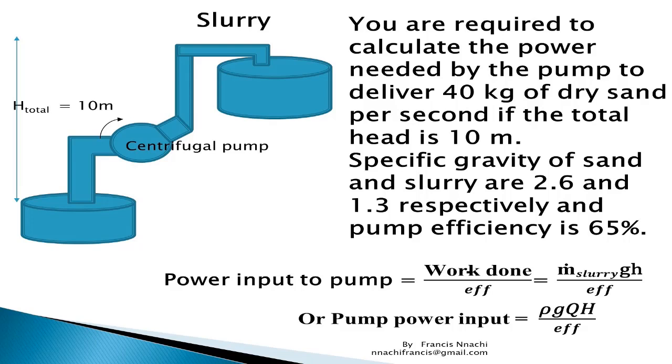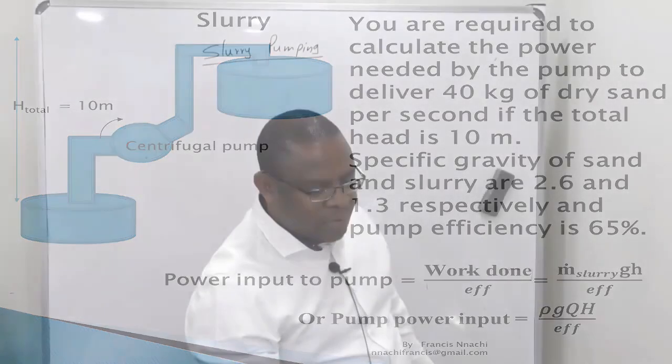It says that you are required to calculate the power needed by the pump to deliver 40 kilograms of dry sand per second. If the total head is 10 and specific gravity of sand and slurry are 2.6 and 1.3 respectively, and the pump efficiency is 65%.